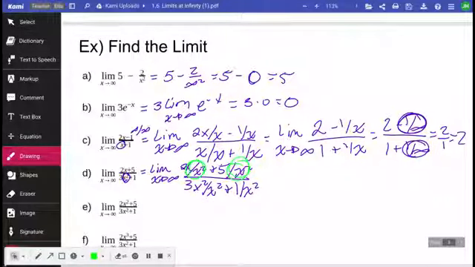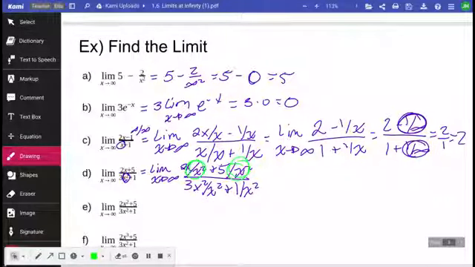And again, I'm going to simplify. So x squared over x squared just cancels, leaving that 2. 5 over x squared is 5 over infinity squared, so that's 0. 3x squared over x squared cancels, leaving just 3. And 1 over x squared is 0 because 1 over infinity squared is 0, leaving me with just 2 over 3, which doesn't simplify.